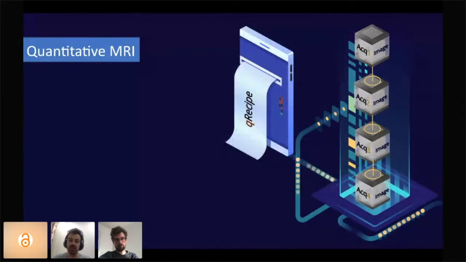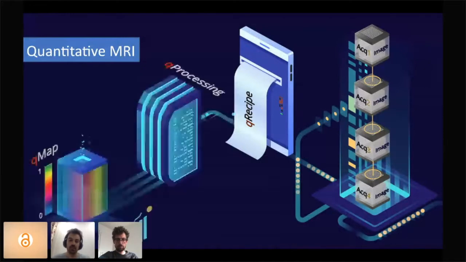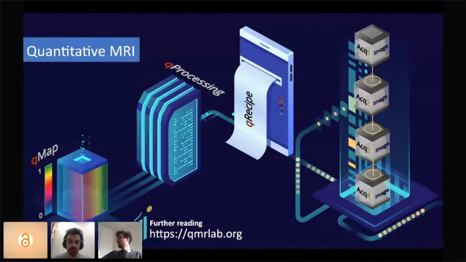And this recipe may contain some MRI signal representations or biophysical models, or a combination of both. And then, fitting data to this recipe through various algorithms, we obtain quantitative maps, and they always come with this color bar telling us the range of values that is covered by these images.